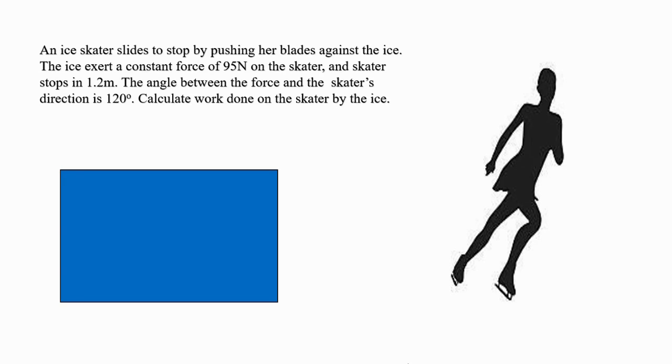Calculate work done on the skater by the ice. This is the direction of a force exerted by the ice on a skater, which is 95 Newton. This is the direction of a displacement, which is equal to 1.2 meter. Angle between the force and displacement is 120 degree.